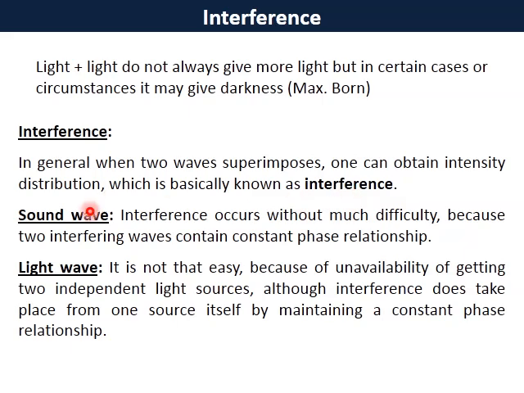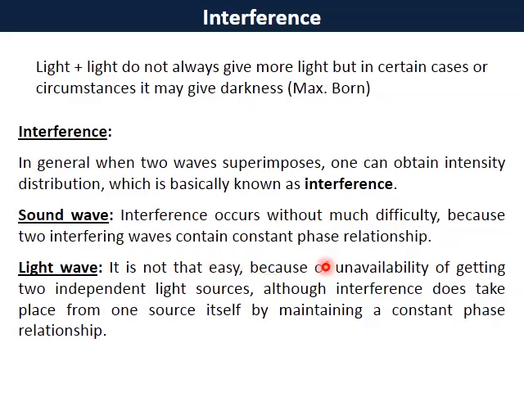Now what is the difference between sound and light waves for interference? For sound waves, interference occurs without much difficulty because the two interfering waves contain a constant phase relationship. But in the case of light waves, it is not that easy. Why?